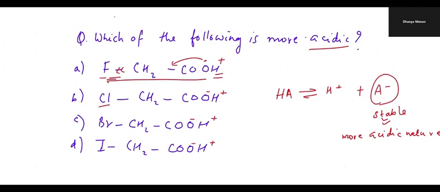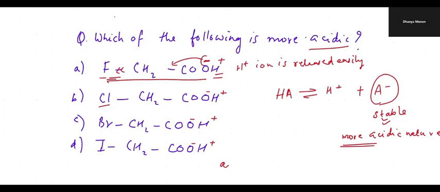So H plus ion is released easily. So if the H plus ion is released easily, what is the nature? It is more acidic. Okay, so that means A is most acidic because here the F atom or fluorine atom being electronegative pulls the electron pair towards itself, so this negative charge is distributed.